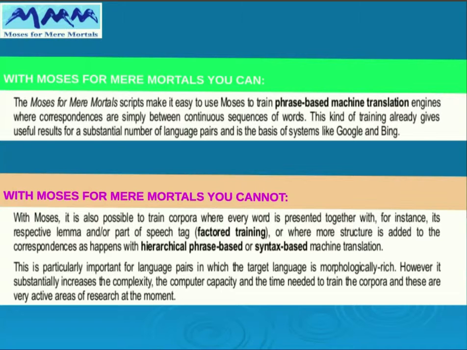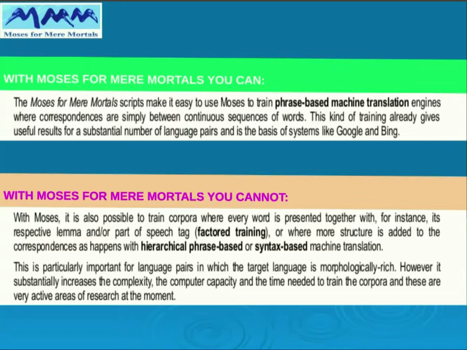What you cannot do is train, let's say, hybrid machine translation, because that really requires substantially increased computer capacity and time to train the corpora, and also it is a much more complex process, both in terms of pre-processing of corpora and afterwards the training of the systems.